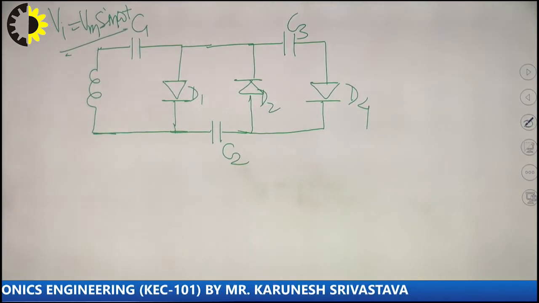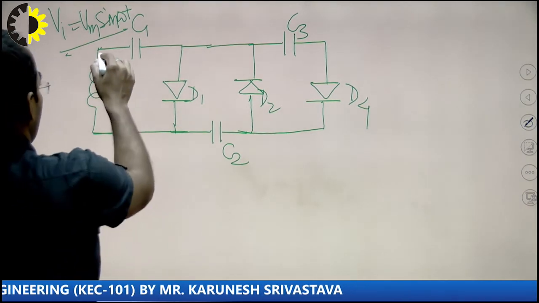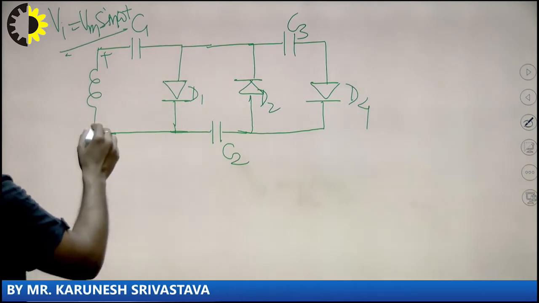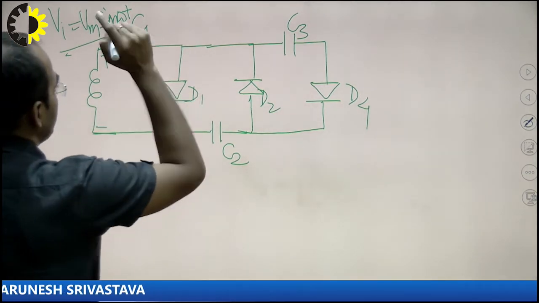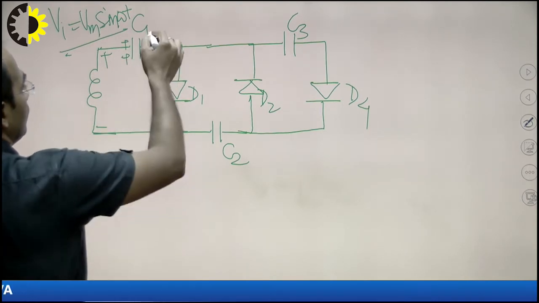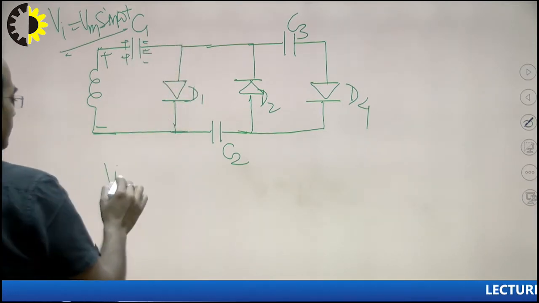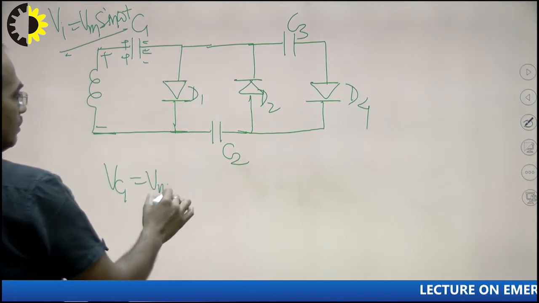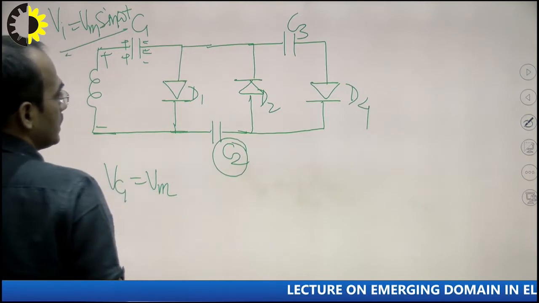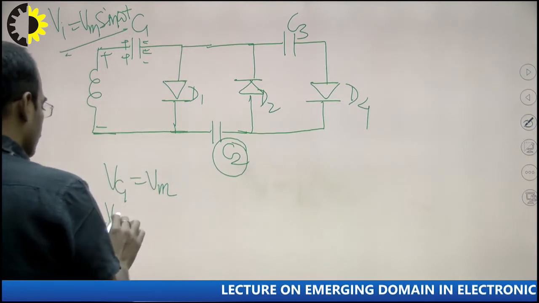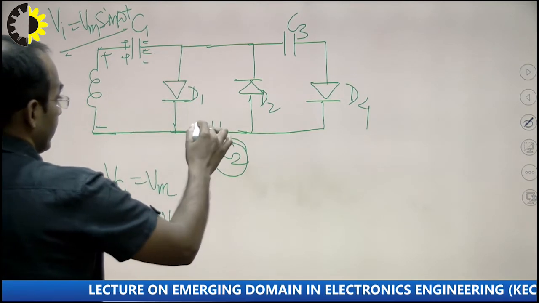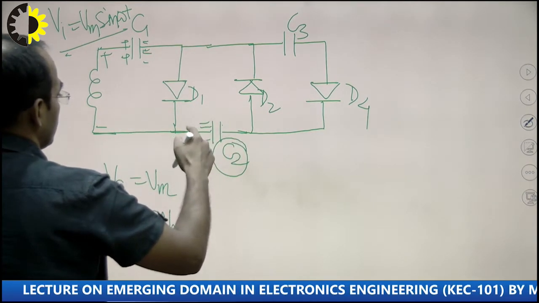When I apply the input, I will consider the half cycle which makes diode D1 forward biased. When diode D1 is forward biased, capacitor C1 will charge up to the peak value Vm, so the value of Vc1 is equal to Vm. When the next half cycle comes, capacitor C2 will charge up to twice of Vm. The next half cycle will be positive, sorry, negative.